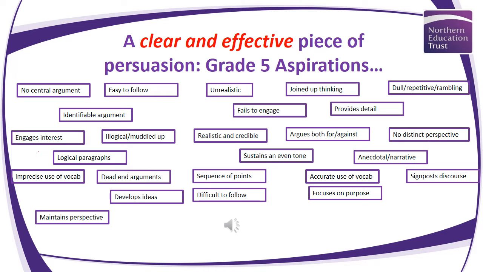So moving away from cat GIFs, this slide includes a range of annotations from an AQA principal examiner. Some of the annotations were from a grade 4 piece of persuasion which was deemed to show some attempts, and the other annotations were from a grade 5 piece of persuasion which was deemed to be a clear piece of persuasion.